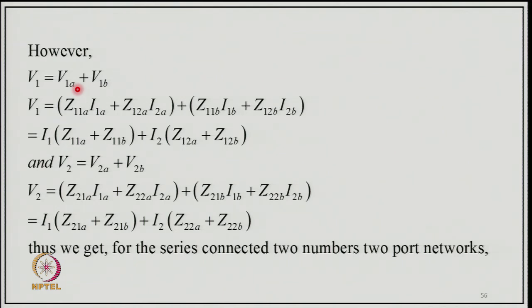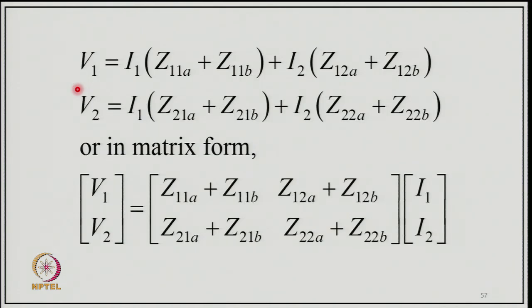Thus, for the series connection of two two-port networks, we can write V1 equal to I1 in bracket Z11A plus Z11B plus I2 in bracket Z12A plus Z12B, and V2 equal to I1 in bracket Z21A plus Z21B plus I2 in bracket Z22A plus Z22B.